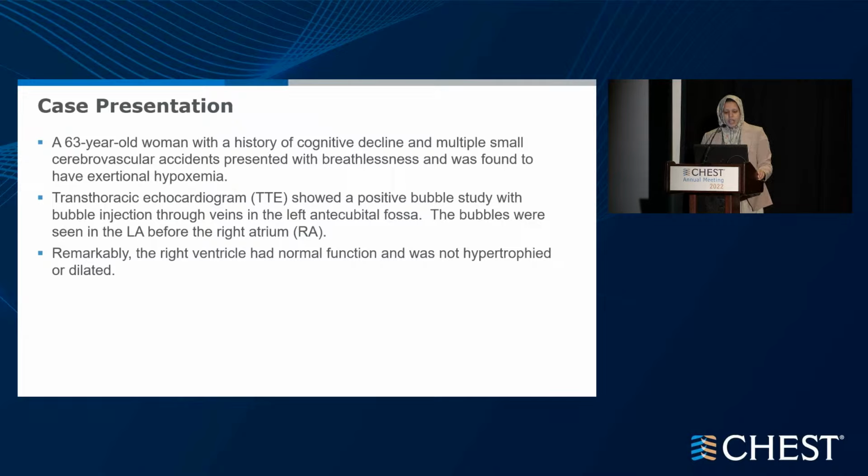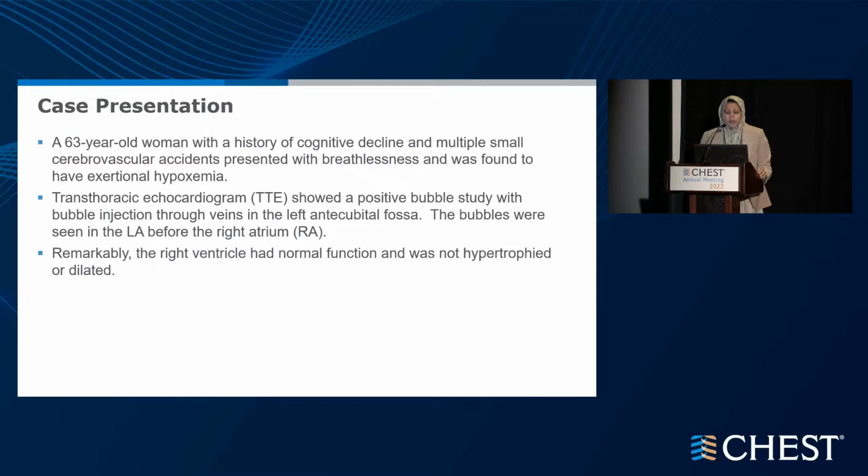She presented with shortness of breath and exertional hypoxia, and she had a history of cognitive decline and multiple CVAs in the past. A transthoracic echocardiogram showed a positive bubble study, which means that the bubbles were seen in the left atrium before they were even seen in the right atrium, suggestive of a shunt.